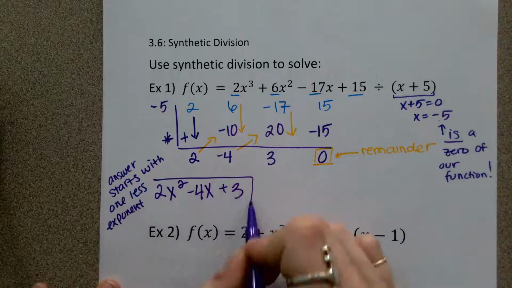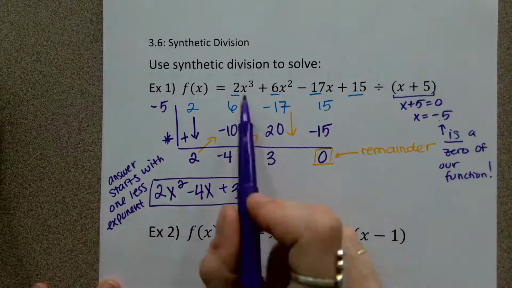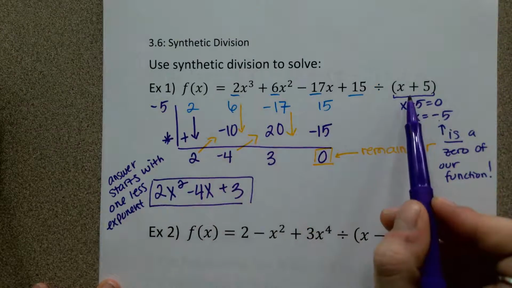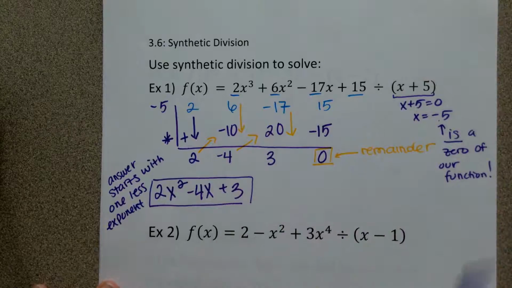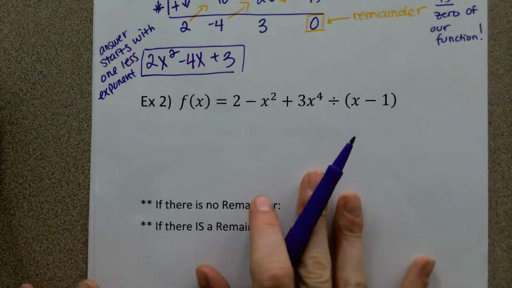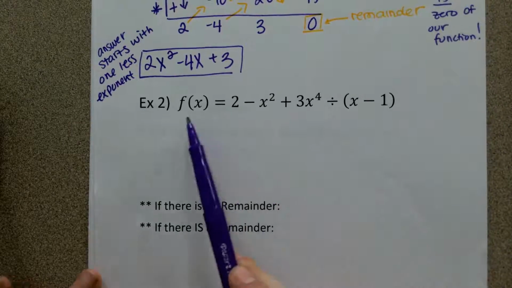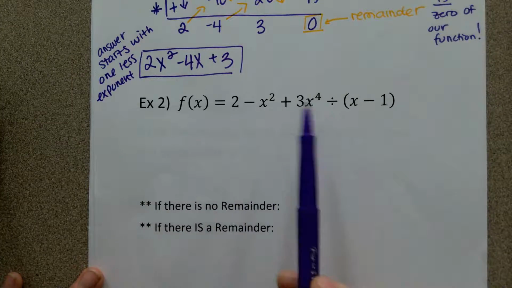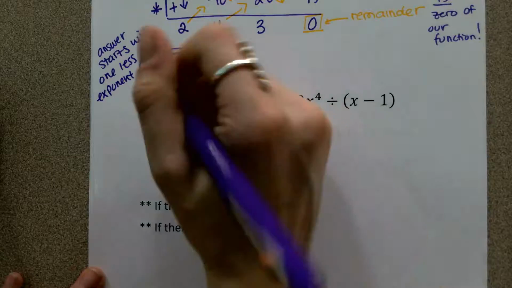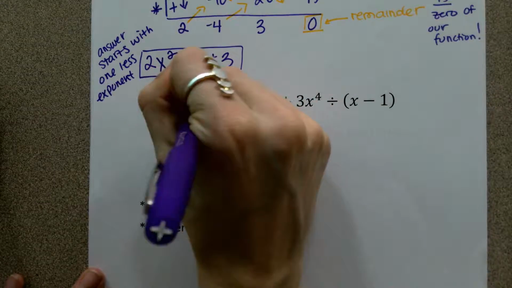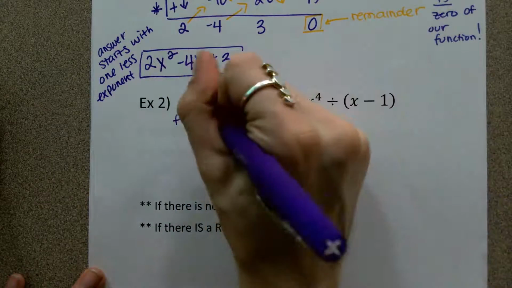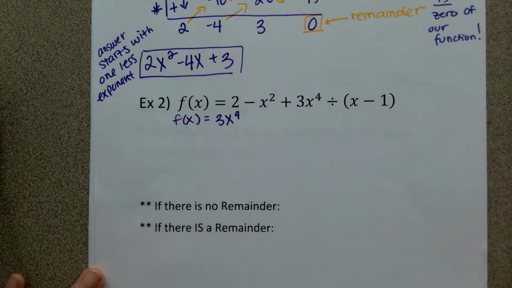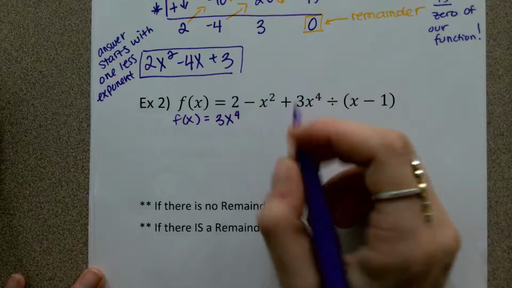So this is this long polynomial divided by this factor. If our function is not in standard form, we just have to rewrite it. So we'll have f of x equal, starting with our highest exponent, and we're also missing degrees.